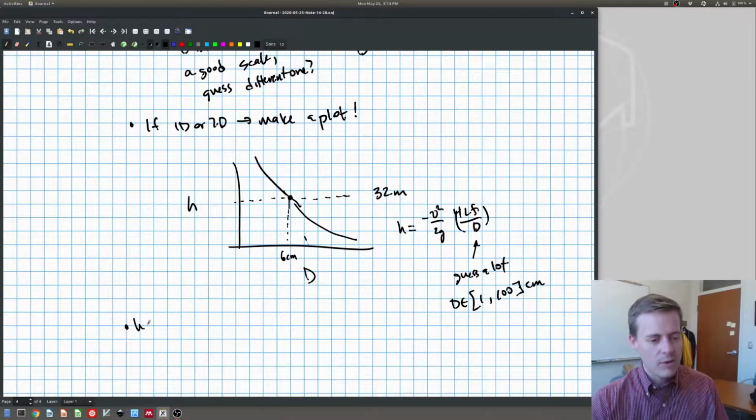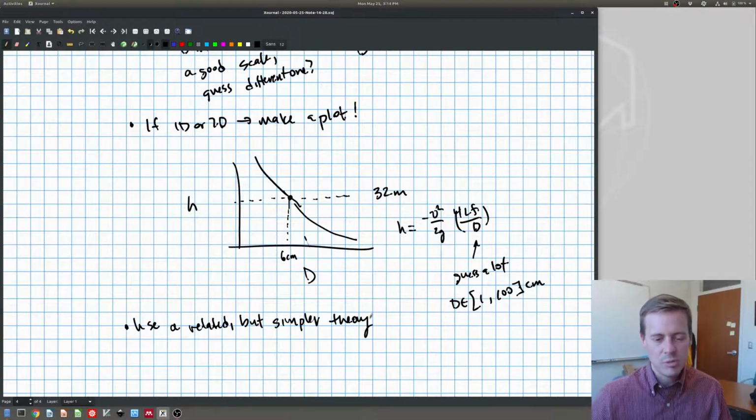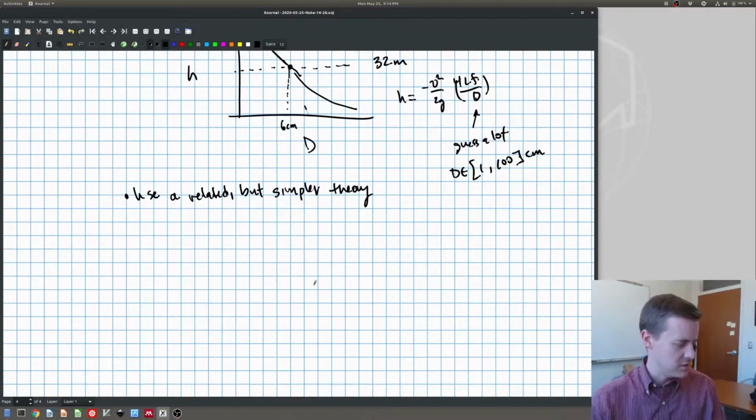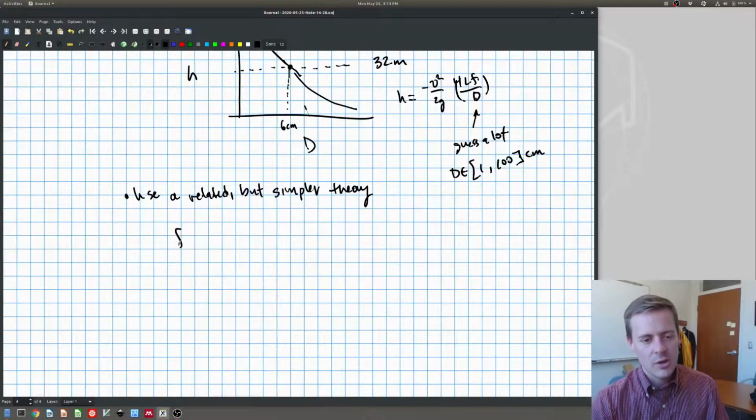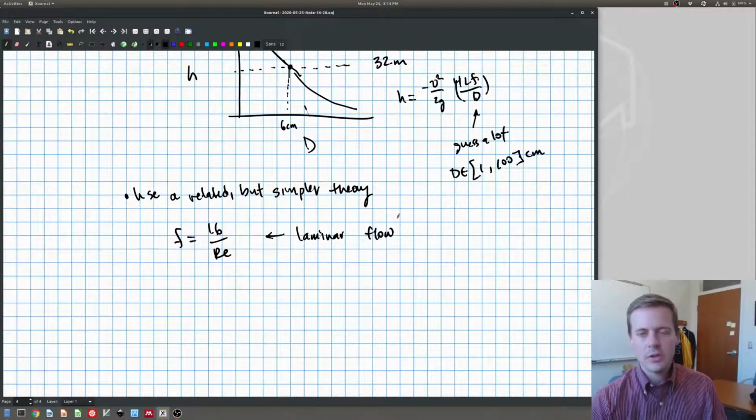So maybe for more advanced users, you can use a related, but simpler theory. Okay, if simpler is a word, I don't know. I guess this isn't an English class. All right, so suppose I know this. This is for what's called laminar flow, whereas the friction factor we had above was for turbulent flow.